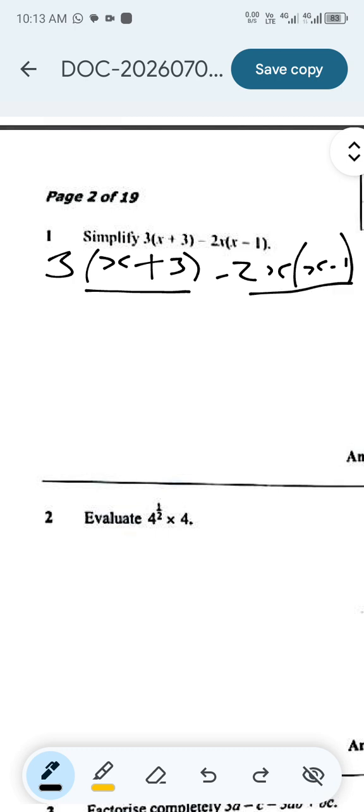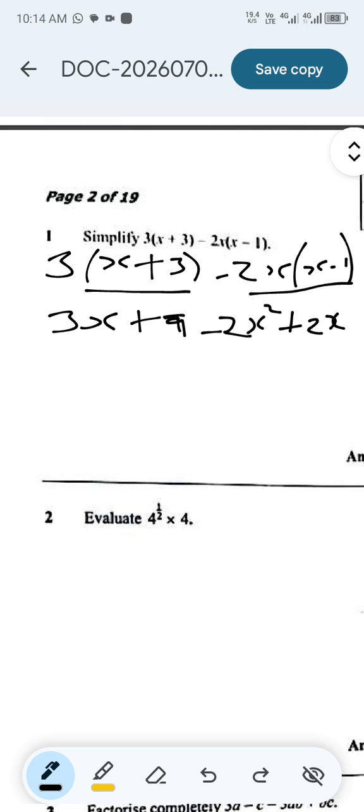So we are going to have 3x + 9, then negative 2x times x, that's negative 2x squared, and then negative 2x times negative 1, that's positive 2x.